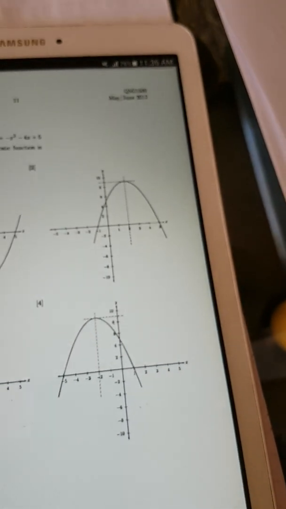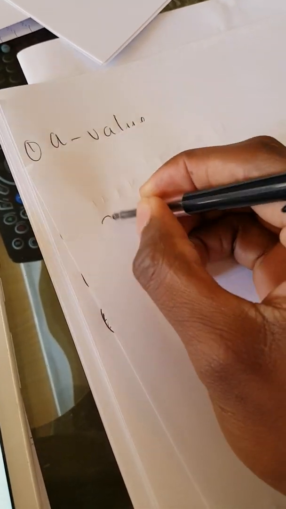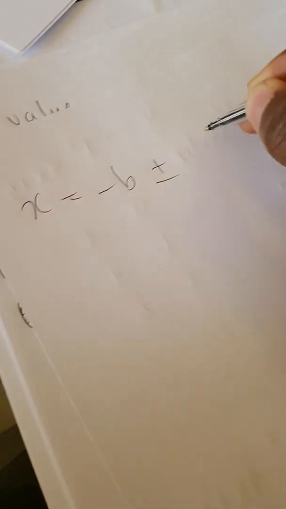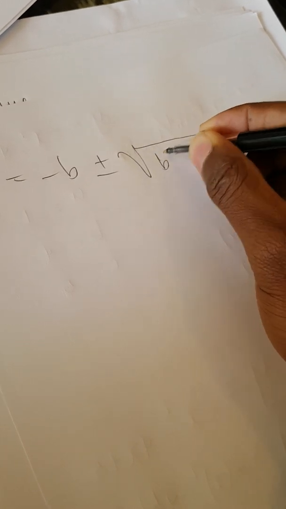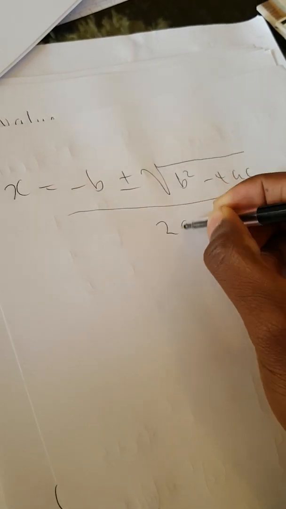So we use the quadratic formula for calculating the x-intercepts. So how do you do the quadratic formula? You say x is equals to minus b plus minus the square root of b squared minus 4ac, and all of them divided by 2a.